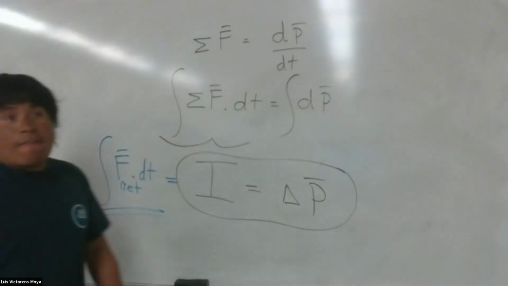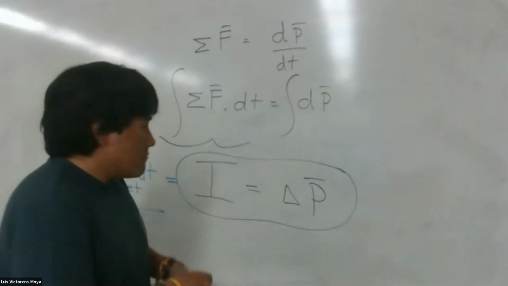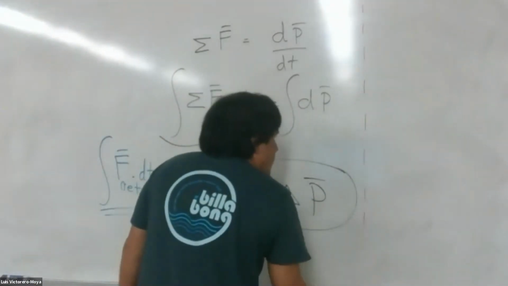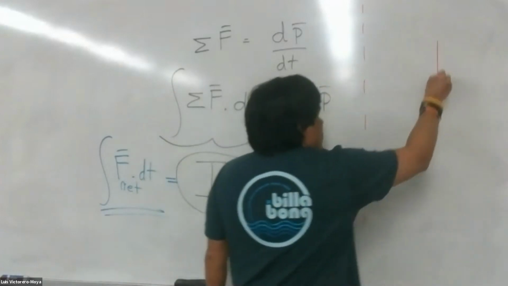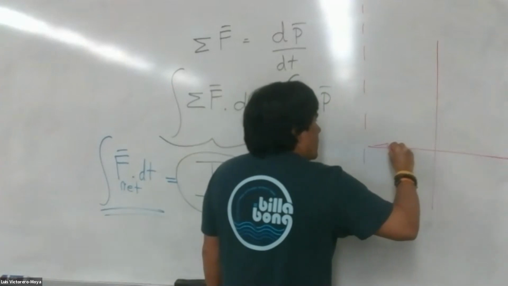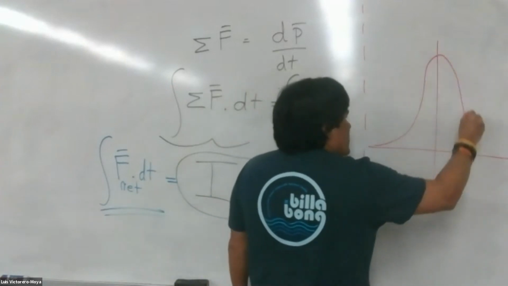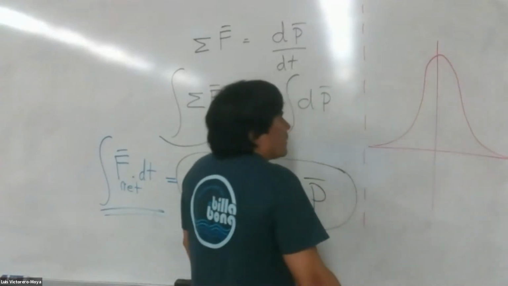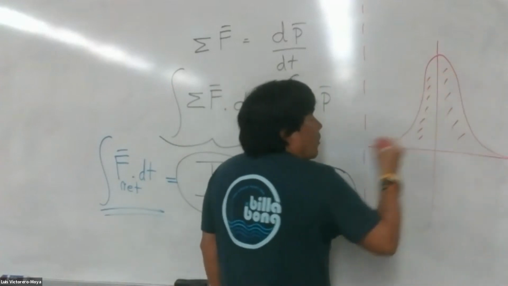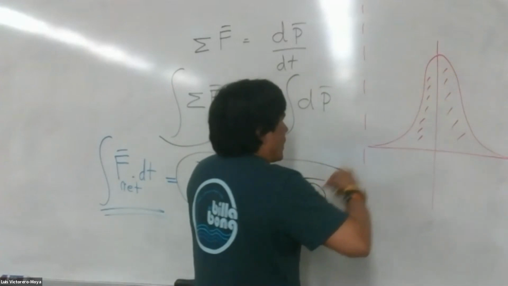So if you have a graph of force versus time, I'm pretty sure you will see this graph in the lab at some point. It looks like this. Momentum after, momentum before a collision. But that doesn't matter for now.